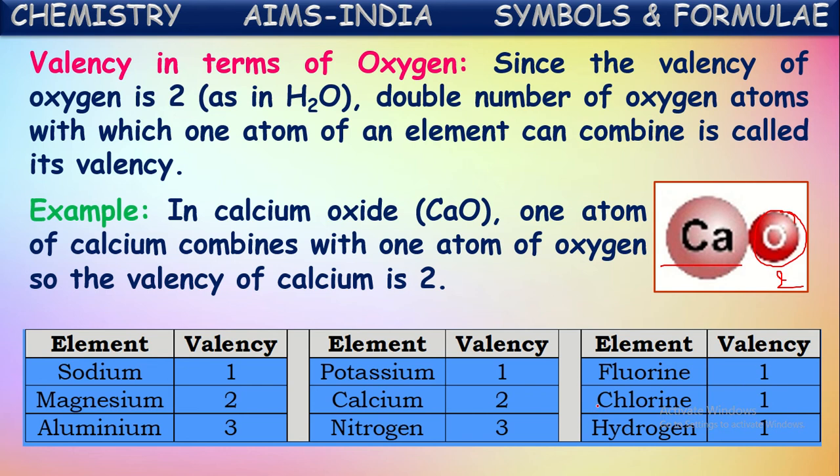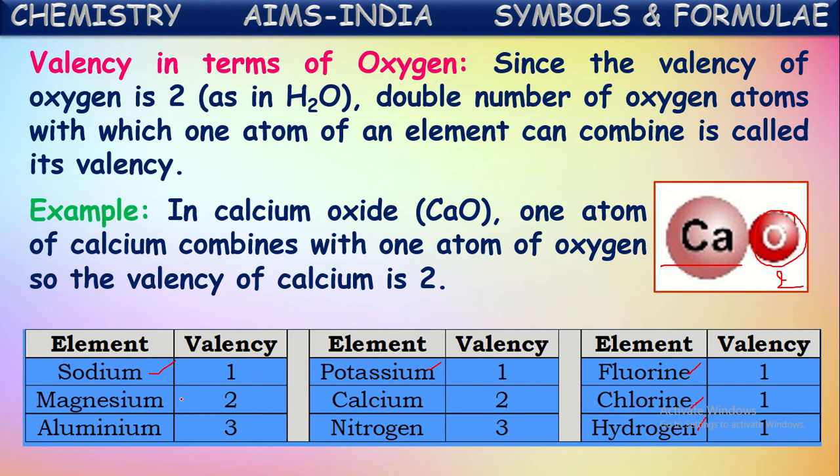Sodium, potassium, fluorine, chlorine, hydrogen, nitrogen, calcium. Observe these once. Some elements have a single valency, and they are called monovalent elements. Mono represents one. So sodium, potassium, fluorine, chlorine, hydrogen are called monovalent elements.